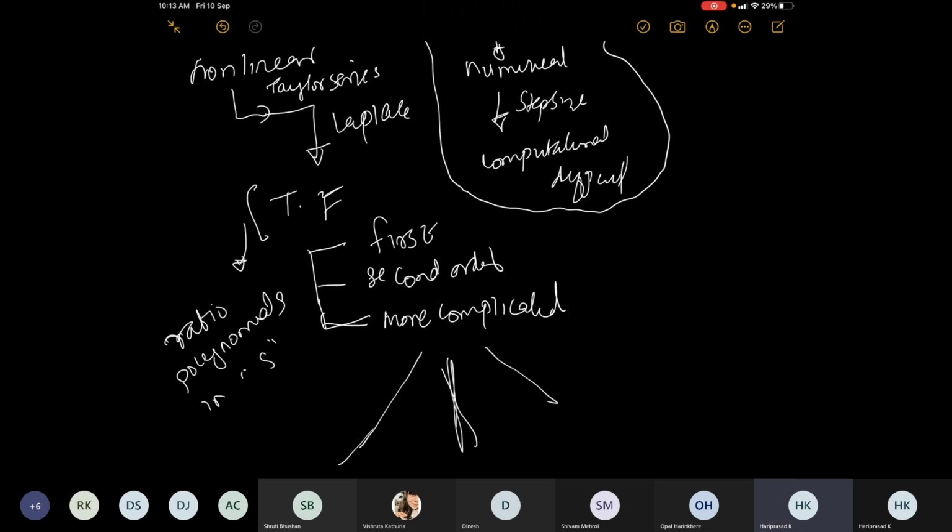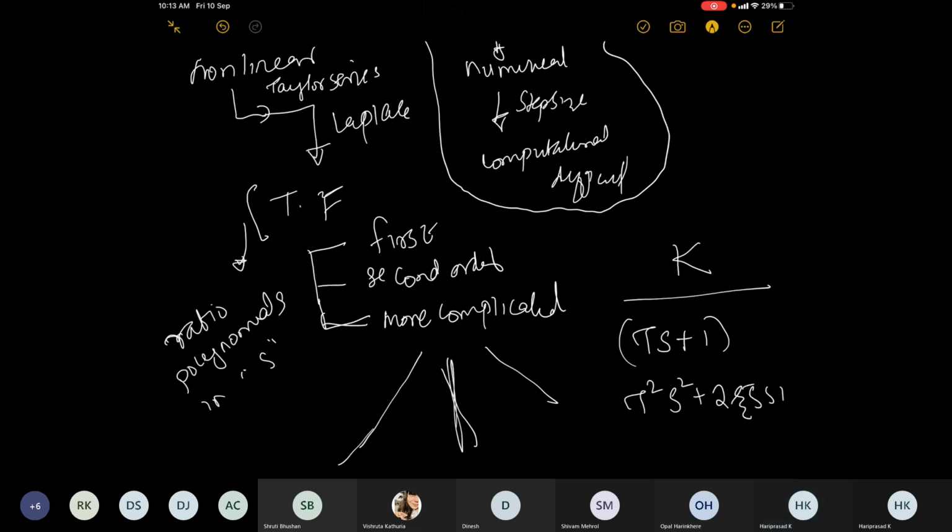But oftentimes we are only looking at the denominator polynomial, which essentially means the structure we are dealing with is some constant on the numerator and something on the denominator. This can be for first order and this can be for second order.